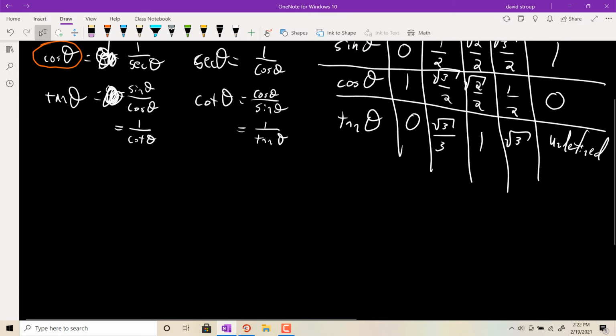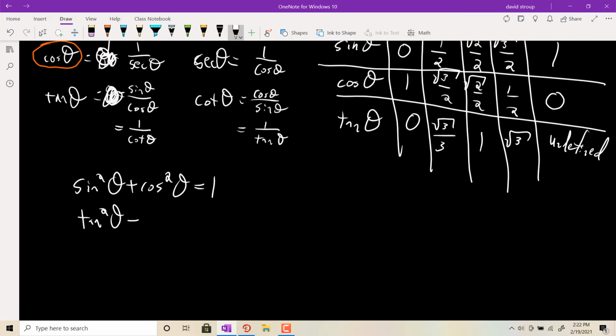Then there's what they call the Pythagorean identities. You could divide this thing by cosine squared, and you end up with tan squared theta plus 1 equals secant squared theta.